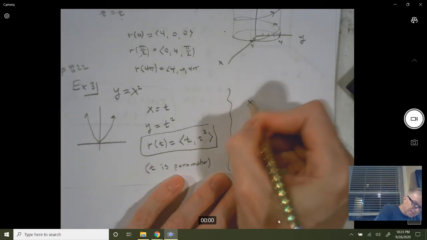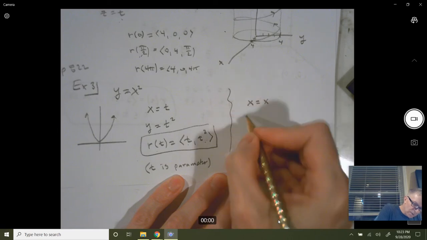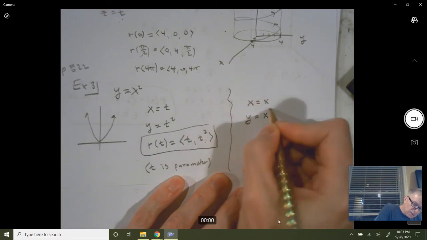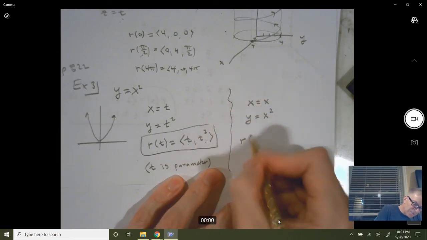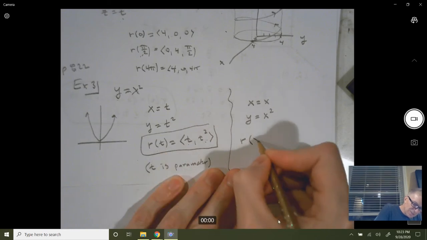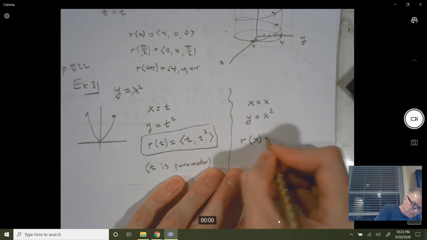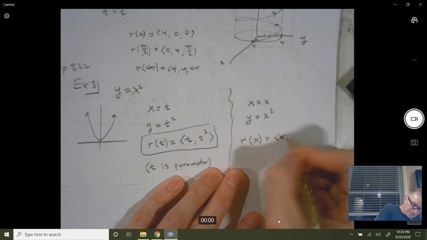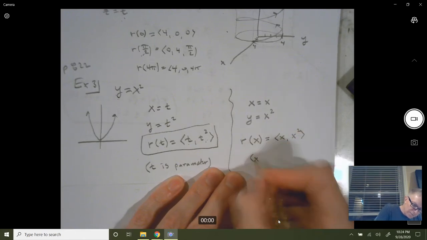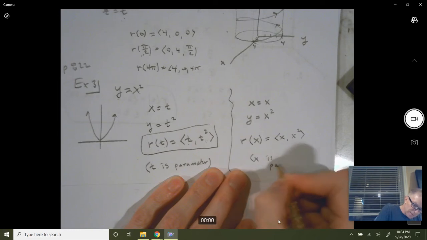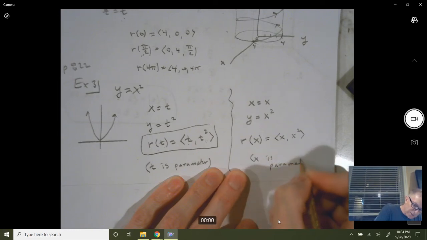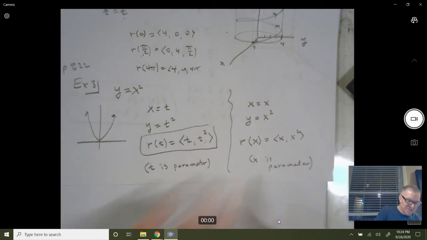You could say x is just equal to x, and we know that y is equal to x squared, so our parameter, instead of being t, can just be x. r of x would equal (x, x squared), where x is your parameter. You don't have to write this out. I'm just doing that to show you that there's nothing that tells you that t has to be your parameter.